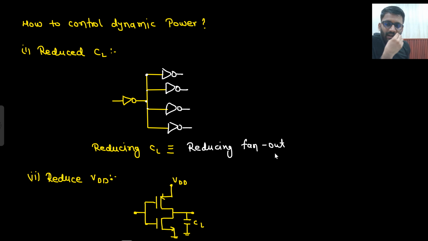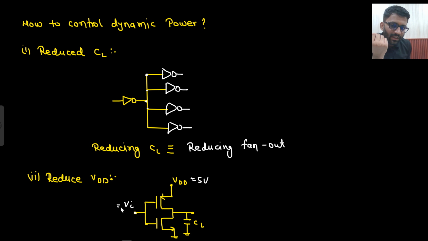And the second thing I can do is reduce VDD. If I reduce VDD, what will happen? What wrong will happen? Let's say my VDD is initially 5 volt, and here I will apply V in.